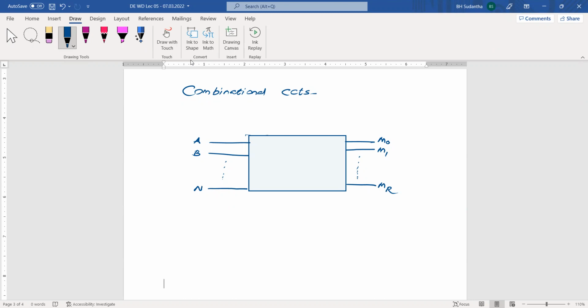What is the meaning of that? Did you find any type of circuit like this?